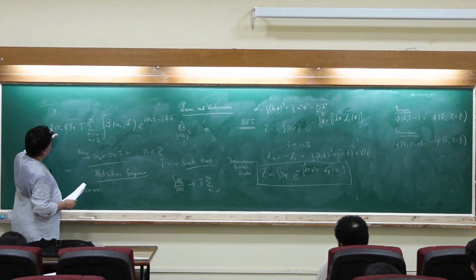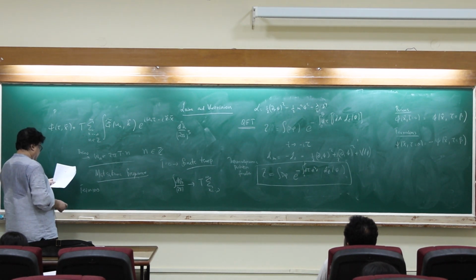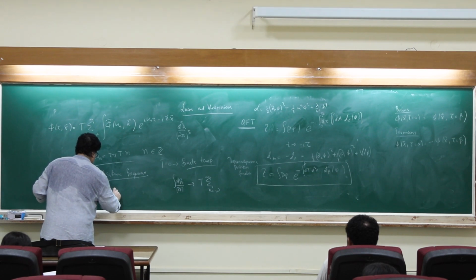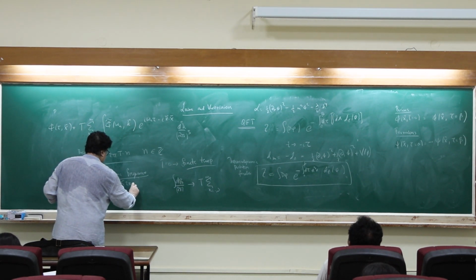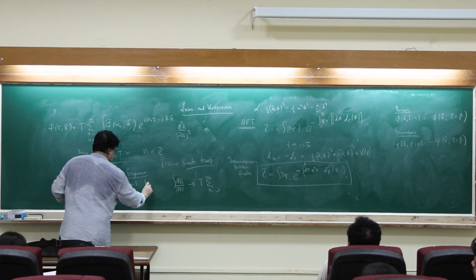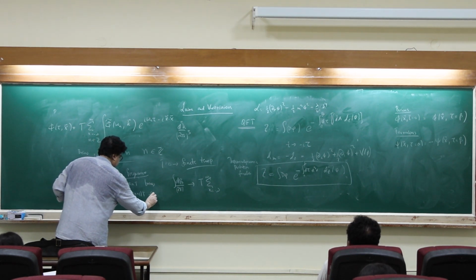So same expression where this phi is a fermion, then this omega n has the property, so I'll write it here. Omega n is equal to 2 pi nT for bosons and 2 pi (n plus 1) T for fermion.